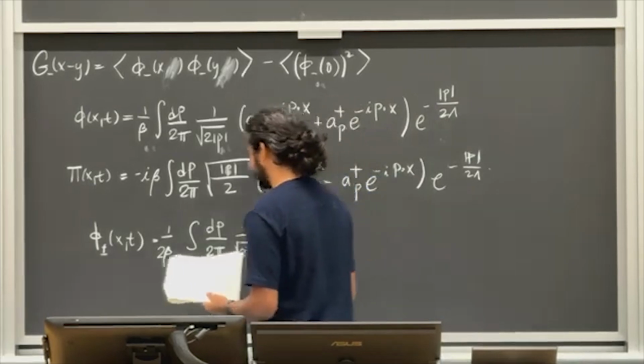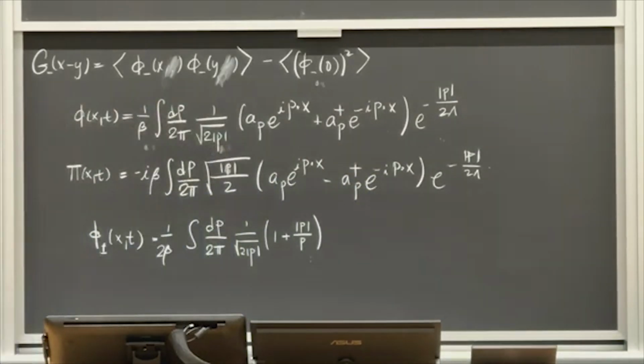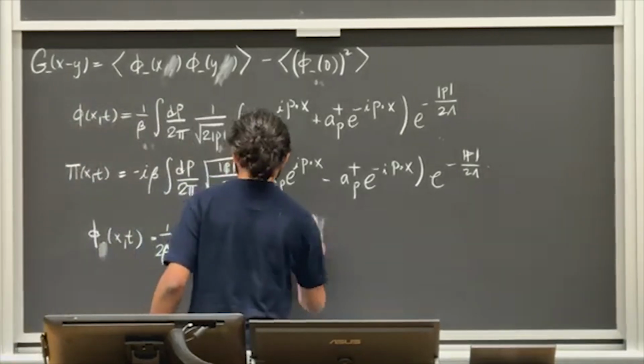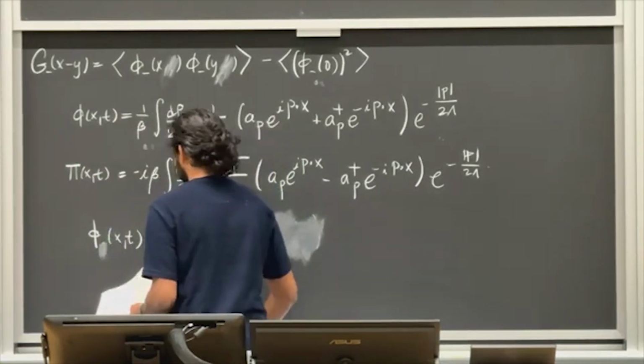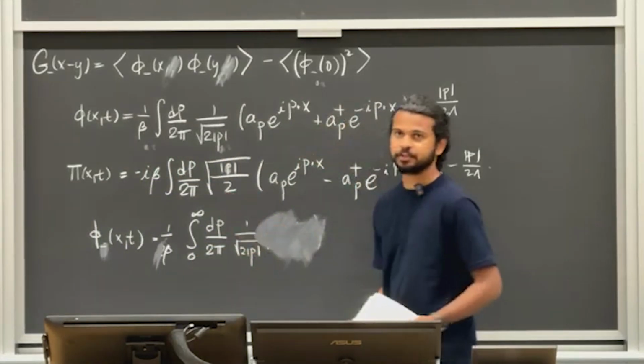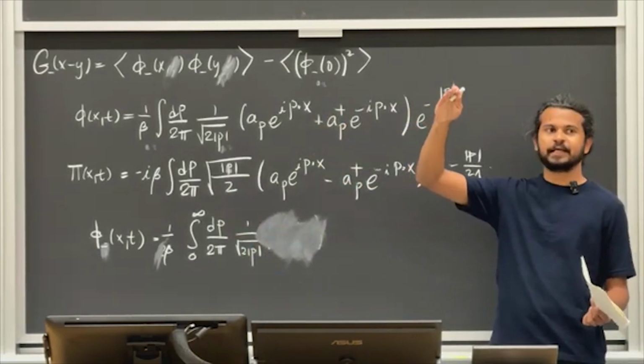So ultimately, what this does is, like the last lecture, phi minus will end up being integrated over only 0 to infinity, because it's 1 plus absolute value p by p.